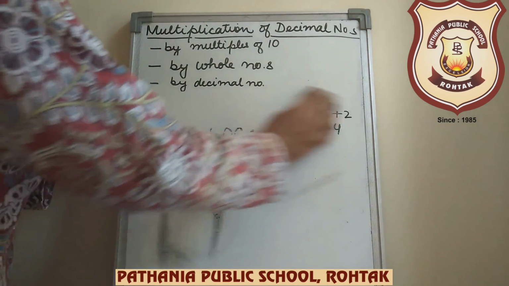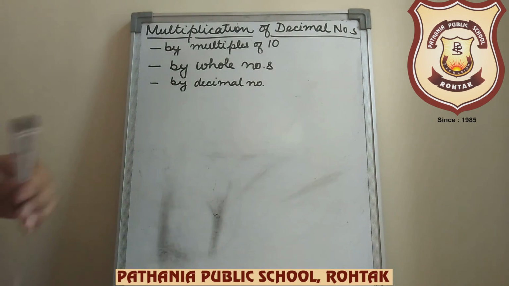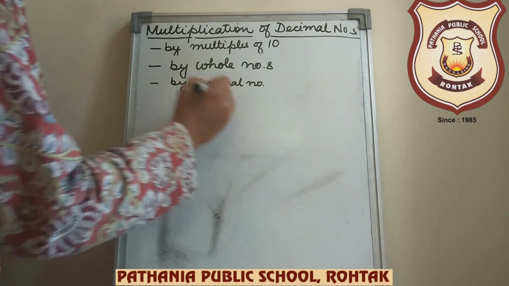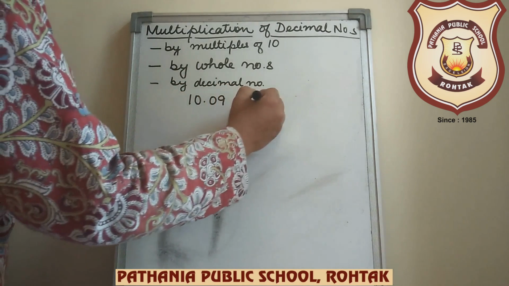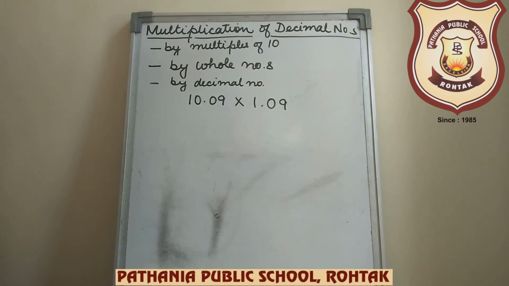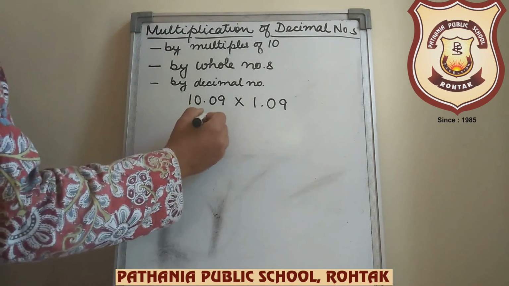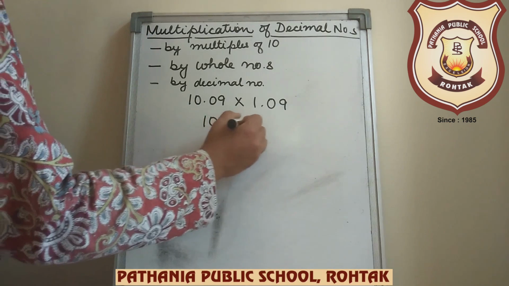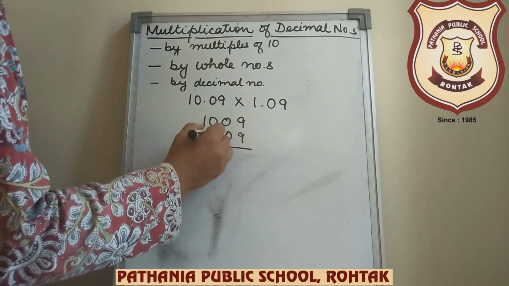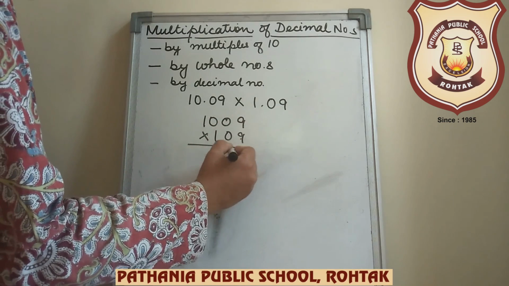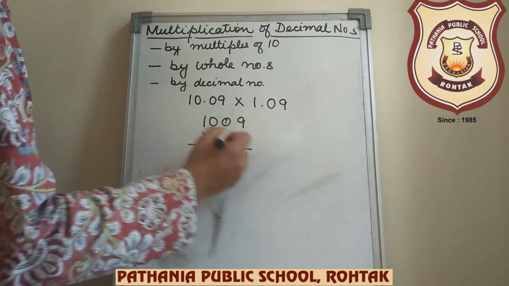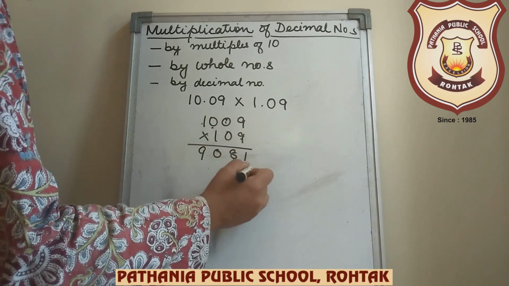I'll take one more example. 10.09 multiplied by 1.09. Now, how did you used to do the multiplication? I'll write in this manner. 9 nines are 81, as 0 is there, so 9 ones 9.